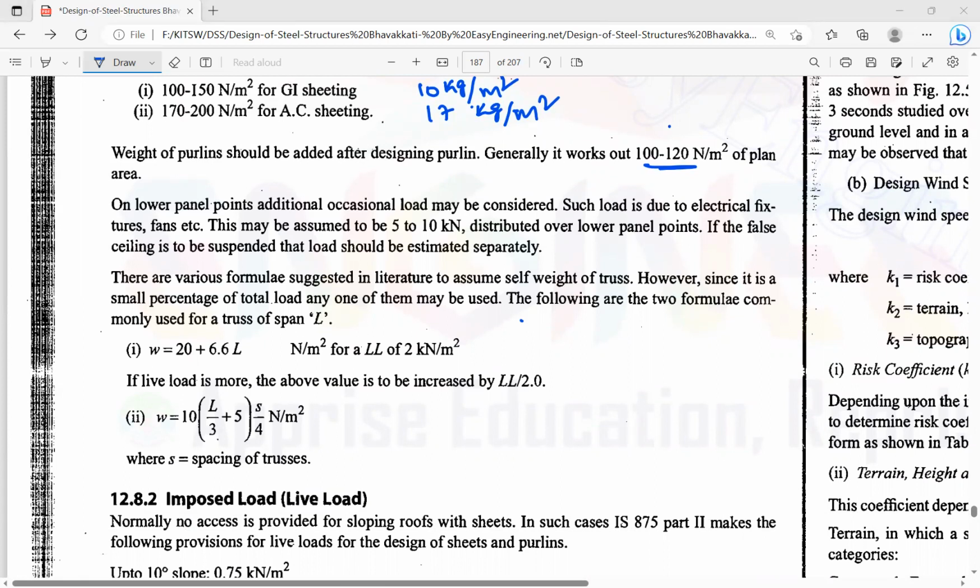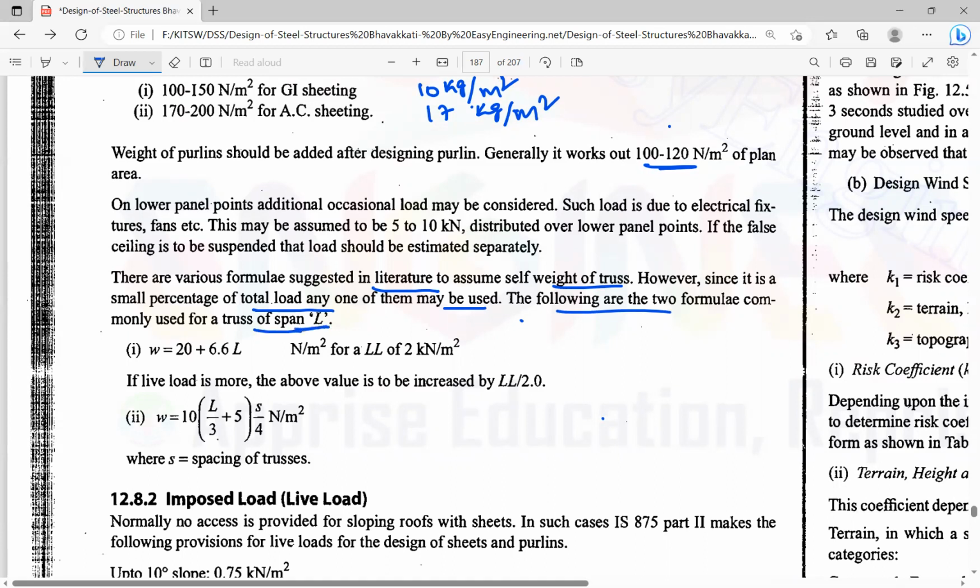Now we'll see about live load, imposed load. Depending on the intensity, you can calculate it; there are various formulas suggested in different literature, this is not according to the IS code. Assuming the weight of the truss, since it is a small percentage of the total load, any one of them can be used. The following two formulas can be used for the trusses.